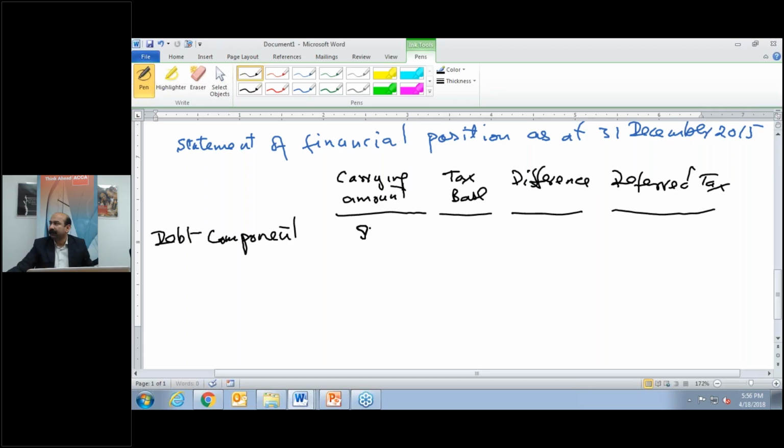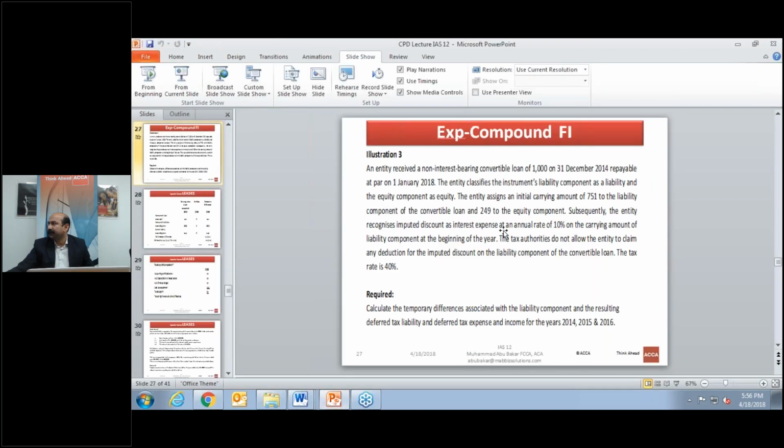So this will become 826. How did we calculate it? It is calculated like 751 at the end of 2014 into 1.1, which is the effective interest rate given over here. This is the annual rate.